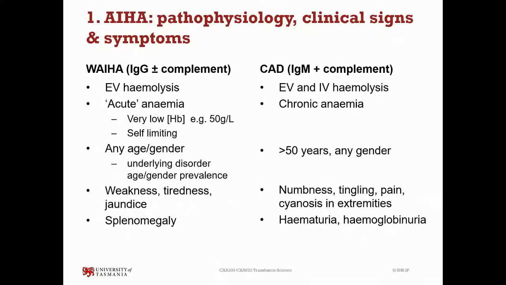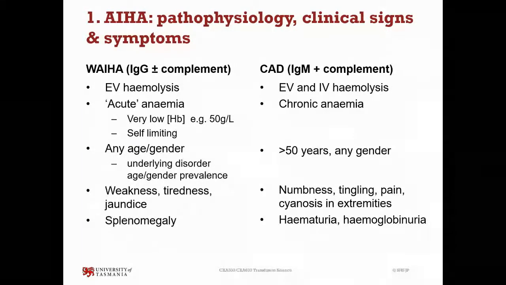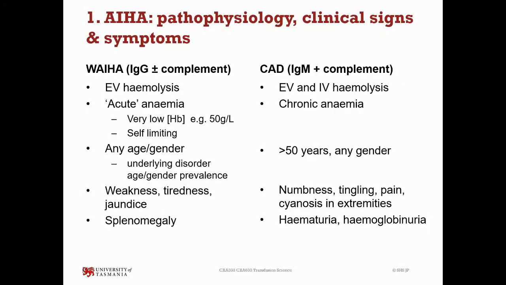So now we're going to have a look at the pathophysiology of autoimmune hemolytic anemias and relate those to the clinical signs and symptoms that we see. Because, of course, looking at a patient's clinical history gives us a lot of information if we can understand the underlying pathophysiology.